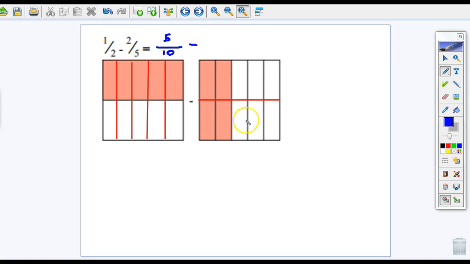And then I'm going to subtract. This should also have 10 pieces, but I have 4 shaded, which gives me the answer of 5 minus 4 is 1/10. Not that hard, but still a little bit more confusing because you're actually subtracting.